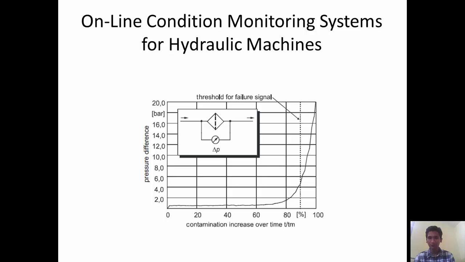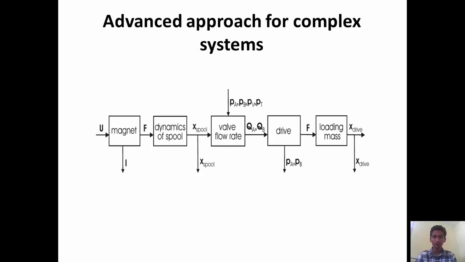If there is a difference in the pressure, we will find that there is some problem, some particles in the fluid. So we can see the pressure difference between the input and output of the fluid, and we can find the effect on the pressure. If the pressure goes above the pressure level, we have to change the filter.